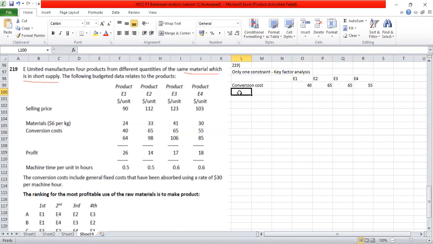From this we have to separate the fixed component, less fixed conversion cost. How is that absorbed? That is absorbed at the rate of 30 per machine hour. How many machine hours? 0.5.